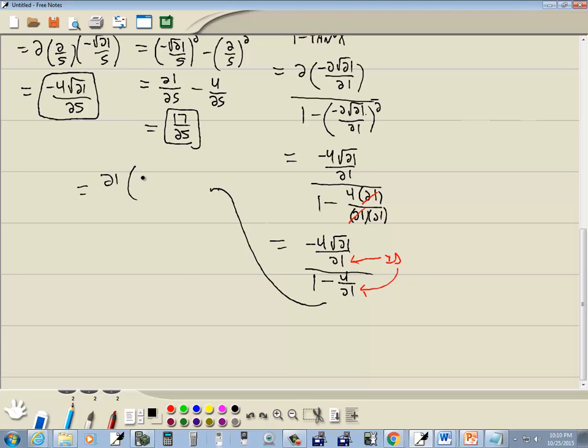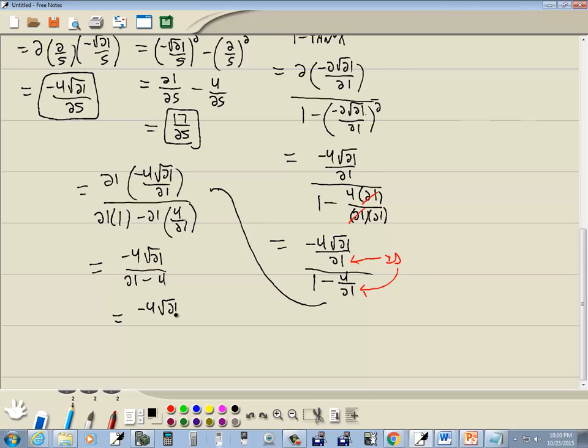Those 21's cancel, and we got negative 4 square root of 21 over 21 times 1 is 21 minus, those 21's cancel, we got 4, which gives us negative 4 square root of 21 over 17. And those would be our answers.